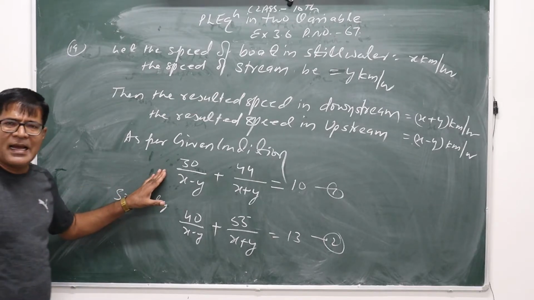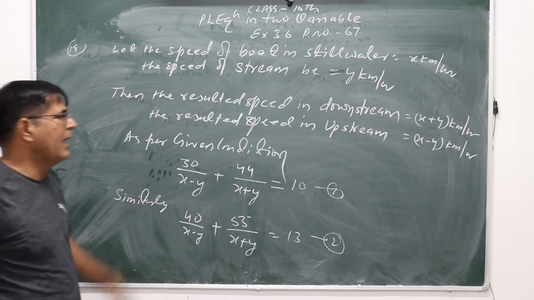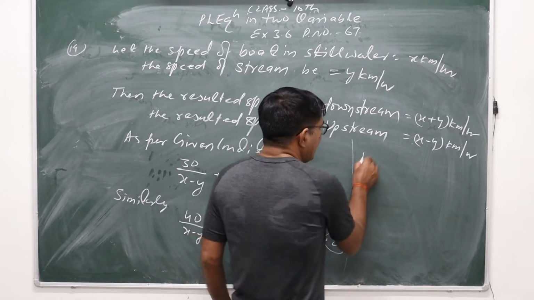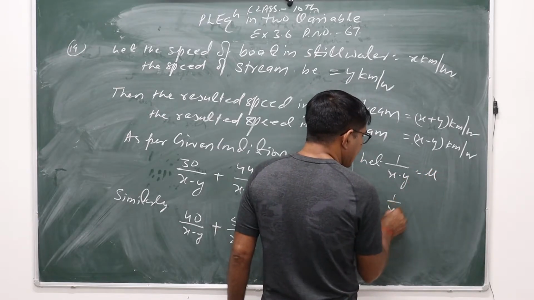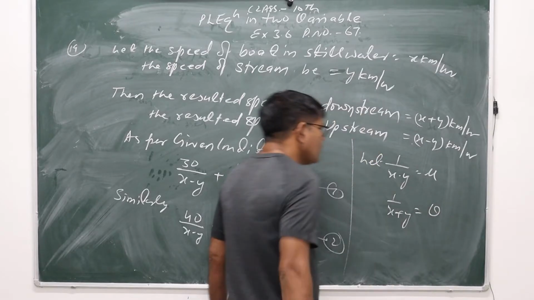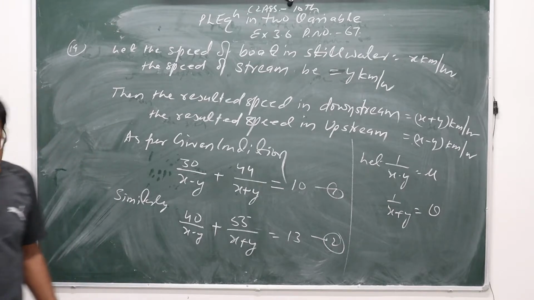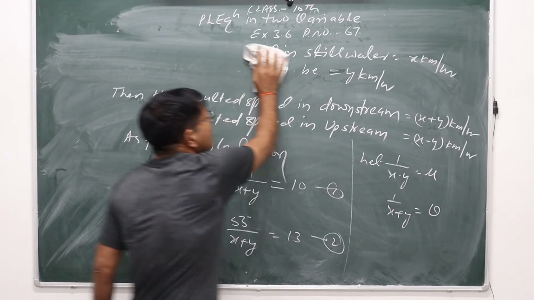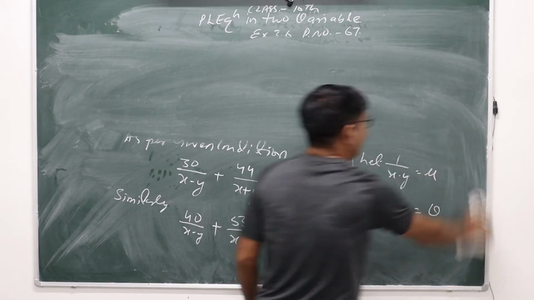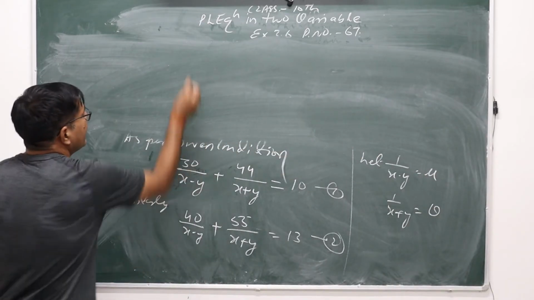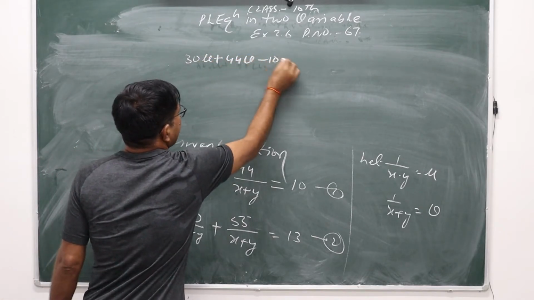Now these two equations are not in standard form. So these two equations are in reducible form. So what will we consider now? Let 1 upon x minus y equal u and 1 upon x plus y equal v. If we suppose it this way, the resulting equations in reducible form will be 30u plus 44v minus 10 equals 0.